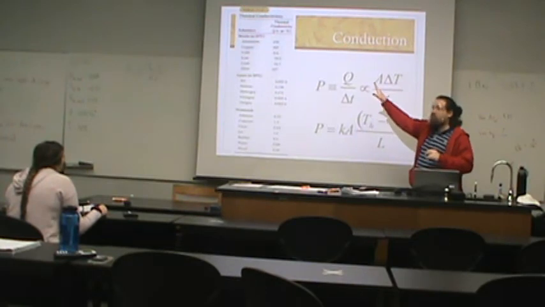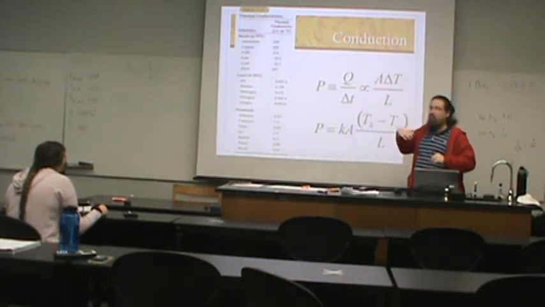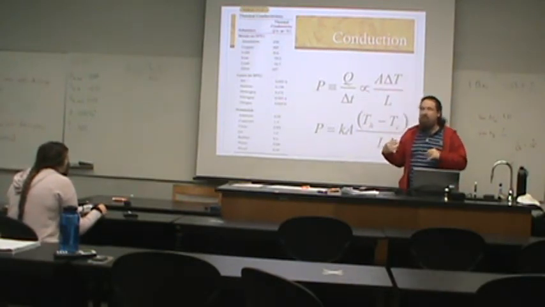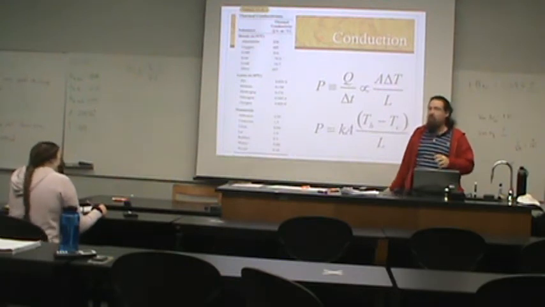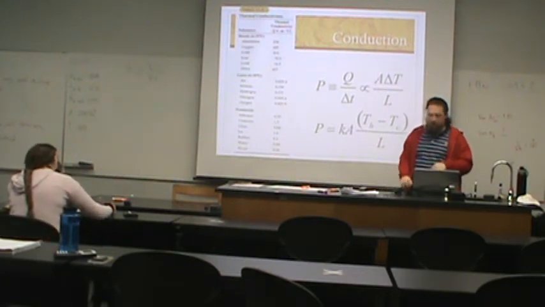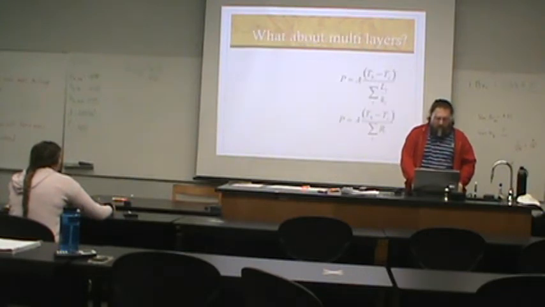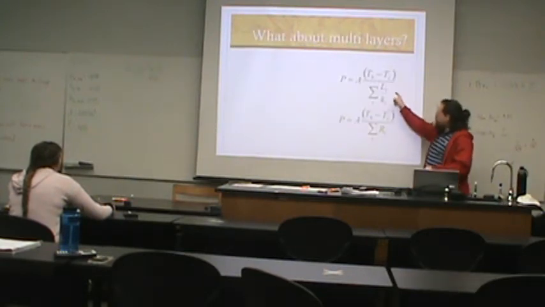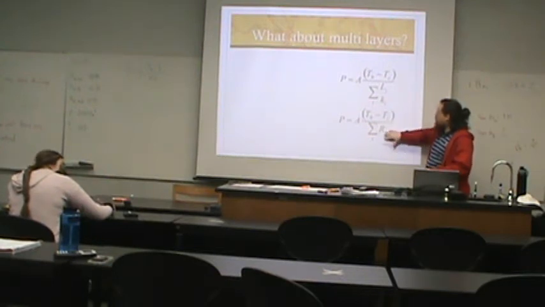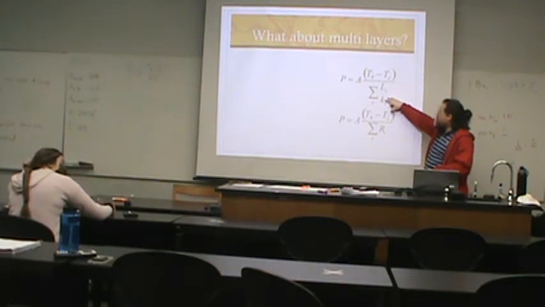The same types of materials in the other version of the formula will still behave the same way. Metals still send thermal energy through themselves very quickly, carbon still very slowly. But if we look at R as a function of L over K, K is now in the denominator.